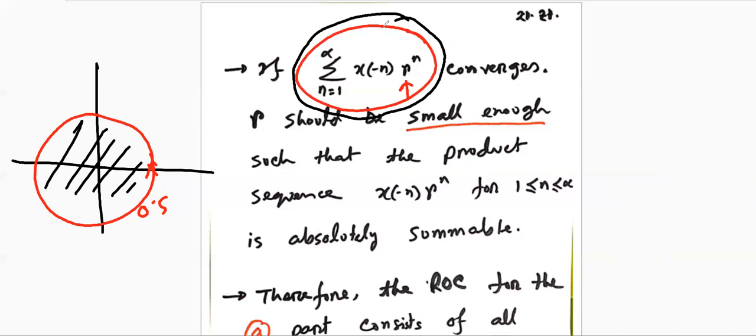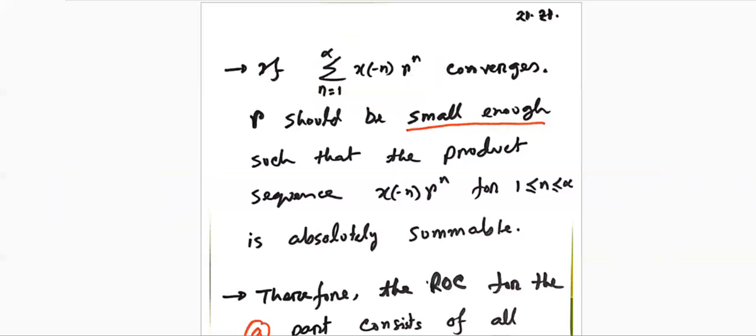So you understand that R should be very small to make the system stable. It might happen that the maximum value of R is equal to 2. Okay, no problem. Then what is the ROC?